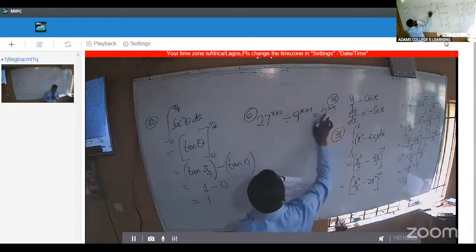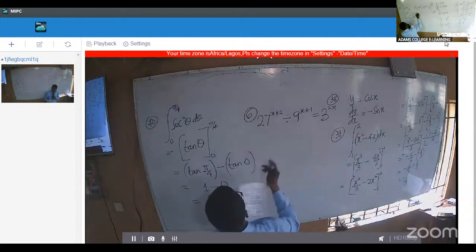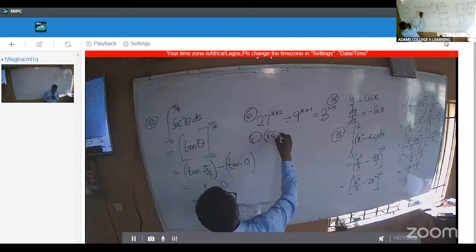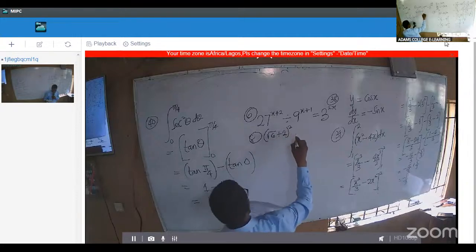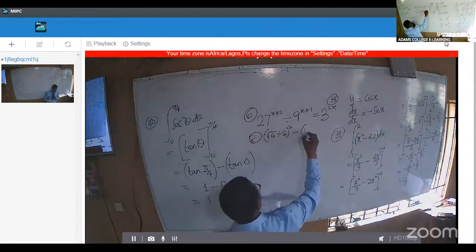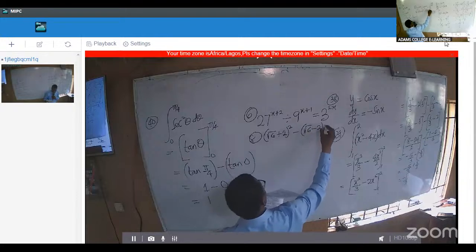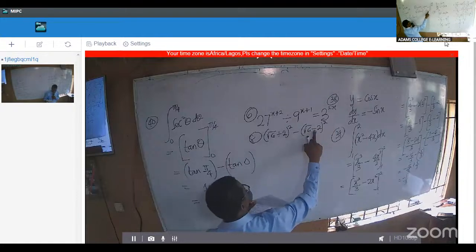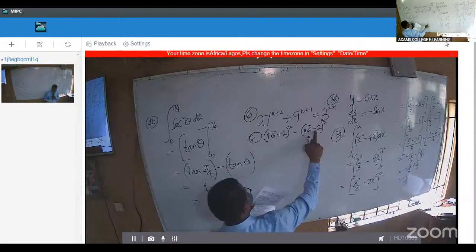That's number 6. You must get all these ones. Fraction, number base. No story for this one. Then number 8: root 6 plus 2 all squared minus root 6 minus 2. Now plus plus, that way it will give us 0.